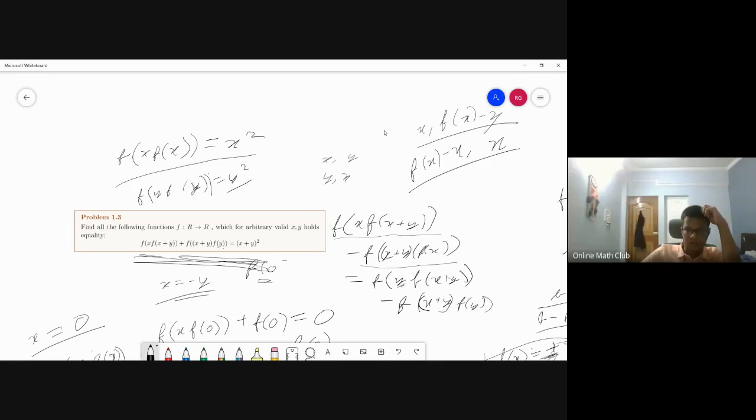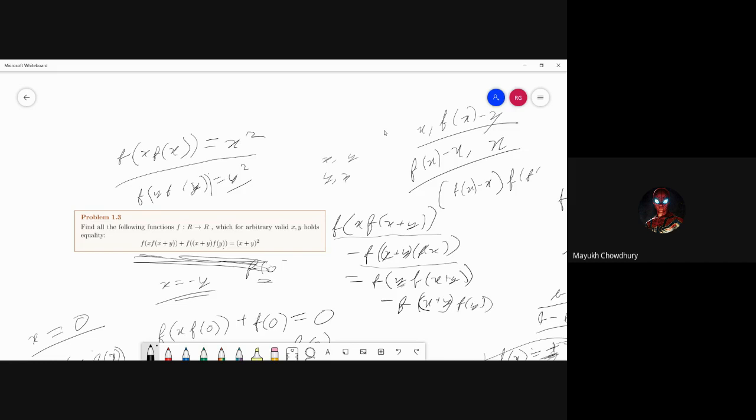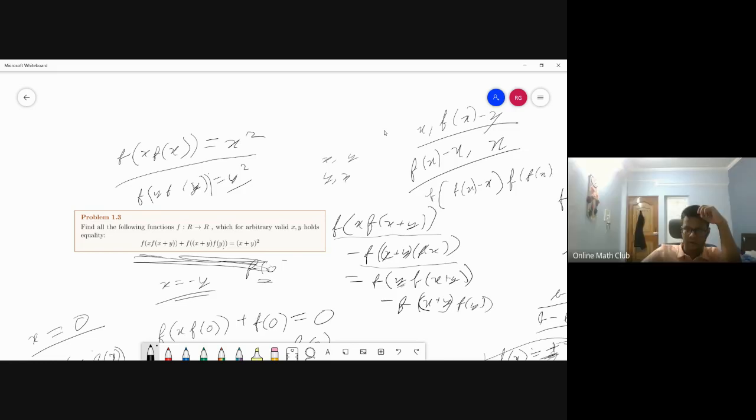So this is f of x minus f of x, and f of the whole of this is equal to f of x whole square. Is this what you meant?